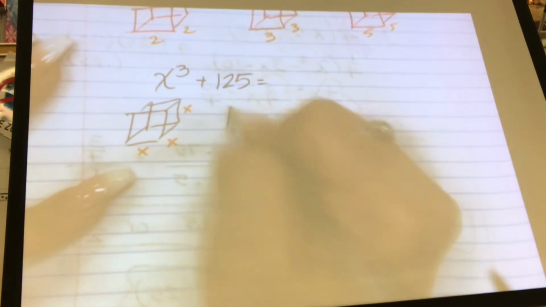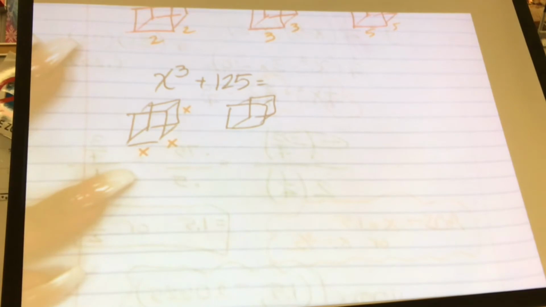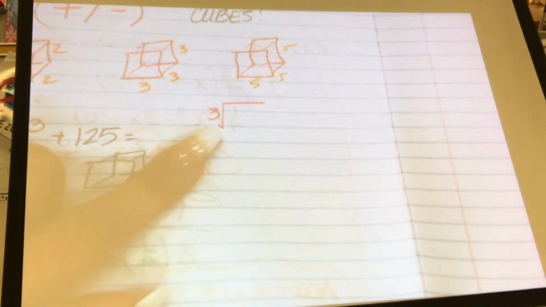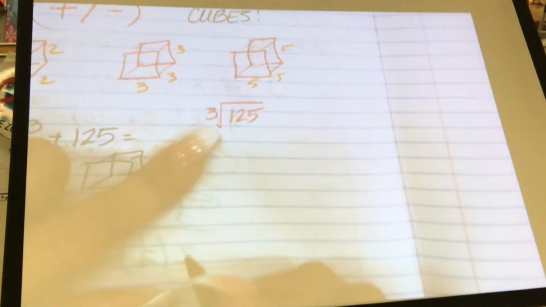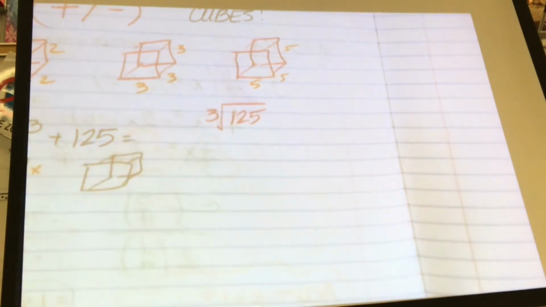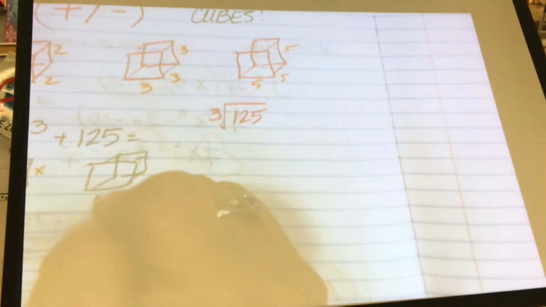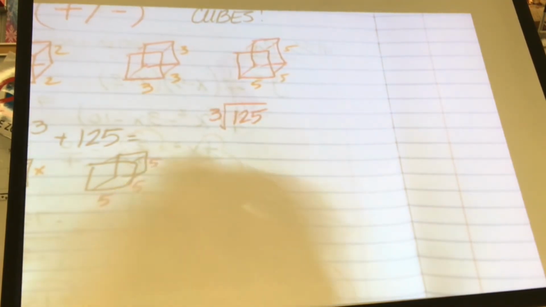What would be the side lengths of this cube? Do you guys know how to do this on your calculator? Ready? Let's do it together. Find this button on your calculator. Those of you with graphing calculators, it's under the math button. And it's the cube root of 125. That's going to tell me what times what gives me 125. What is that? 5. So this is 5, 5, and 5.